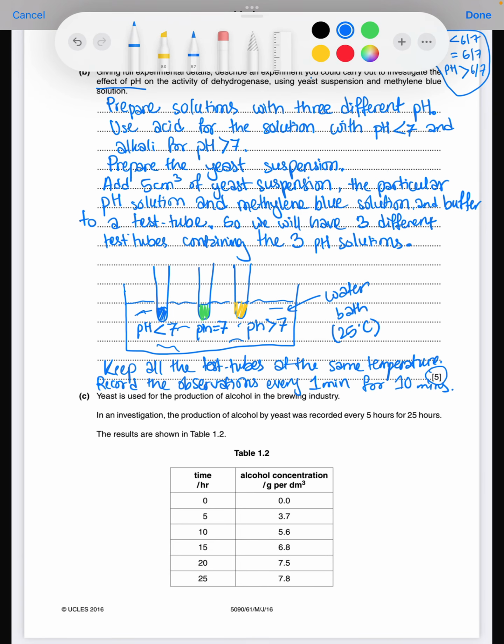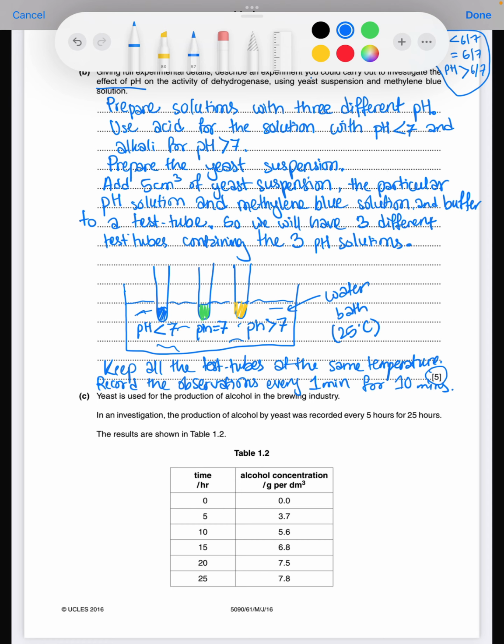Now, yeast is used for the production of alcohol in the brewing industry. In an investigation, the production of alcohol by yeast was recorded every 5 hours for 25 hours. The results are shown in table 1.2. So we have the time from 0 to 25, and we recorded the alcohol concentration in gram per dm cube.